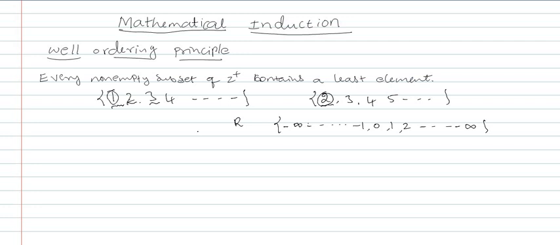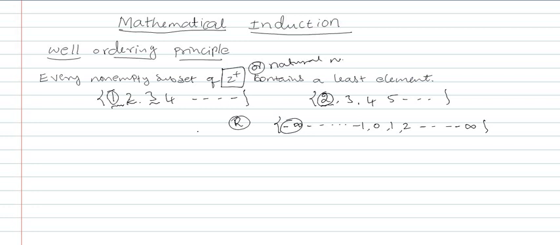No, because it starts with minus infinity, which we don't consider as a least element for calculation purposes. Therefore the real number set has no least element. So that's why we don't consider it here. We consider only Z plus, or natural numbers.